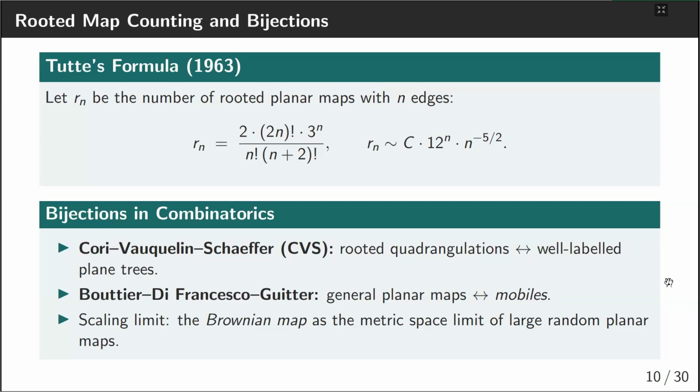We can see that rooted quadrangulations are well-labeled plane trees, and the general planar maps are mobiles. And the scaling limit is the Brownian map, as the metric space limit of large random planar maps. So we have a limit, like in the infinite case, how a large random planar map behaves.